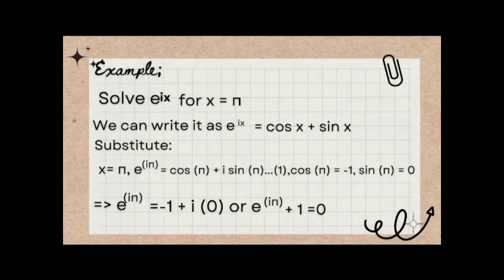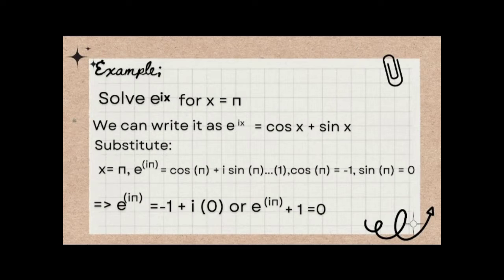Example: solve e to the ix for x equal to pi. We can write it as e to the ix is equal to cosine x plus i sin x. Substitute x equal to pi: e to the i pi is equal to cos pi plus i sin pi, and so forth. Cos pi is equal to negative 1, sin pi is equal to 0.